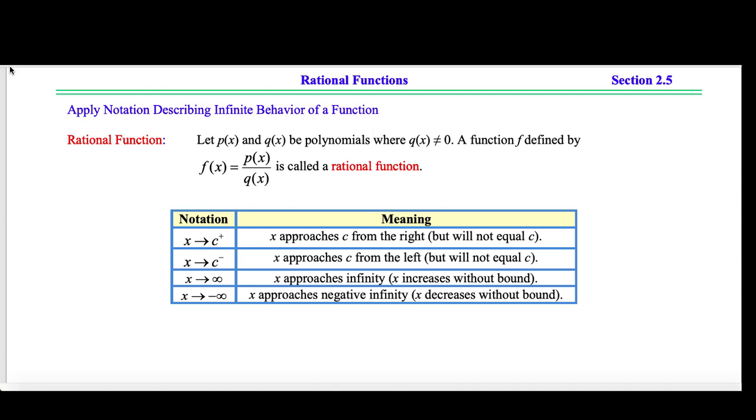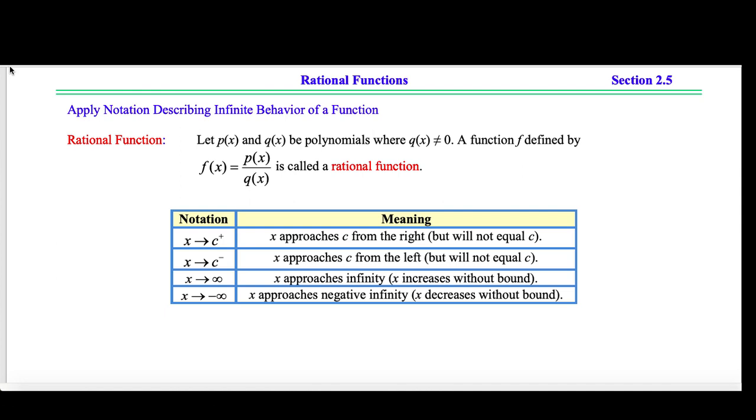When we say that x approaches c with a little plus subscript, we would interpret that as x approaching c from the right. So c represents a specific number, and this is saying that x is approaching c. X is getting closer and closer to c, but it will never quite equal the value of c.